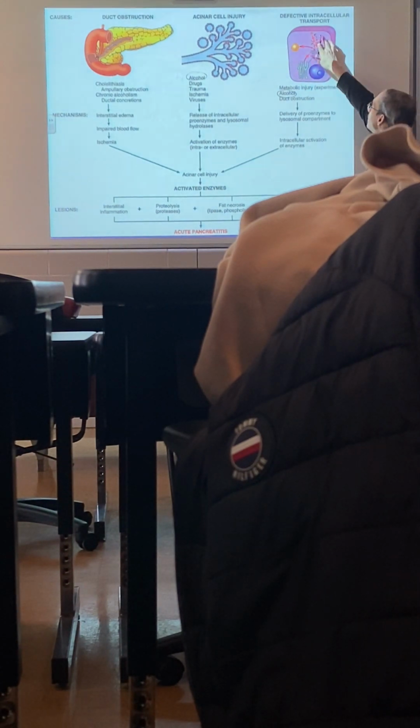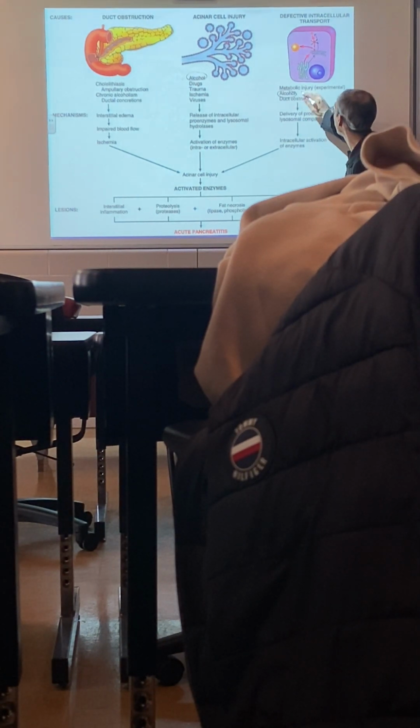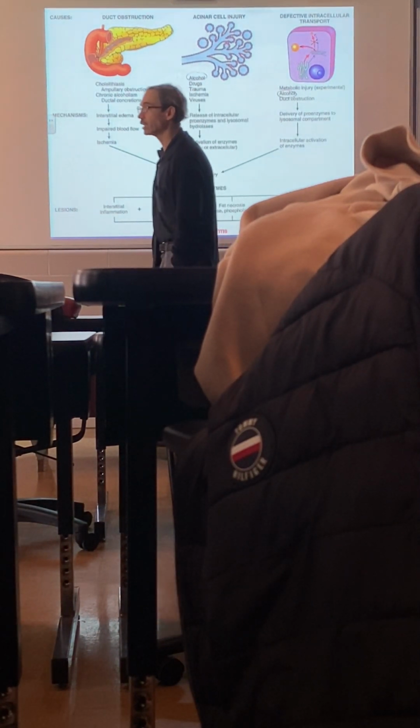And again, these different enzymes never should mix, but as a result of some metabolic disruption, perhaps caused by alcohol, instead of the prozymes going to the zymogen granules and the lysosomal enzymes going to the lysosomes, sometimes these prozymes are all dumped into the lysosomes along with the lysosomal enzymes.